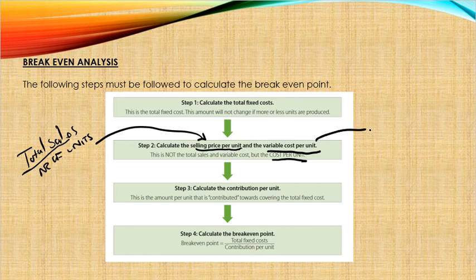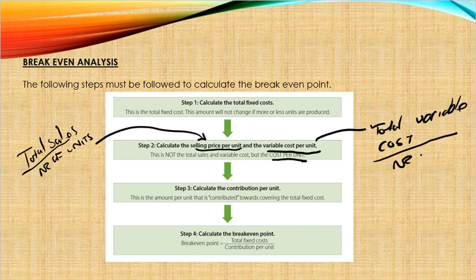Same with variable cost per unit. You will take total variable cost, excuse my handwriting. You will divide it by the number of units. And that will then give you variable cost per unit. Make sure you don't use total sales or total variable cost, because we want per unit, right?